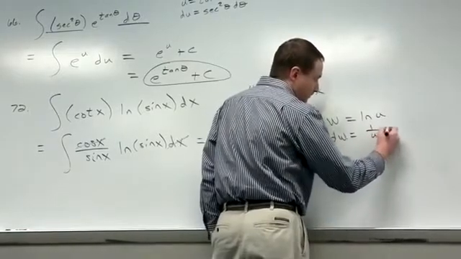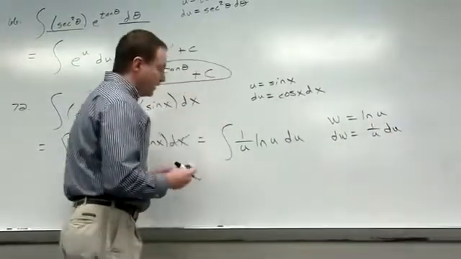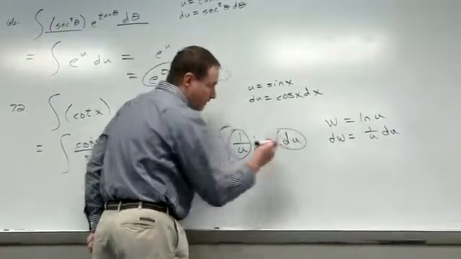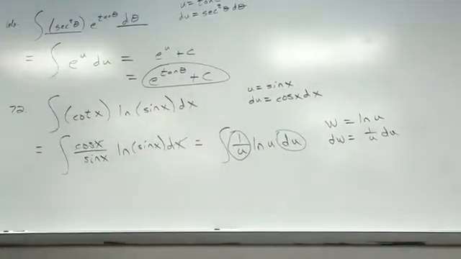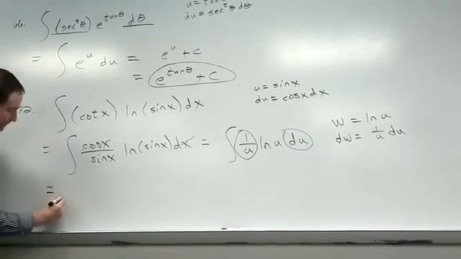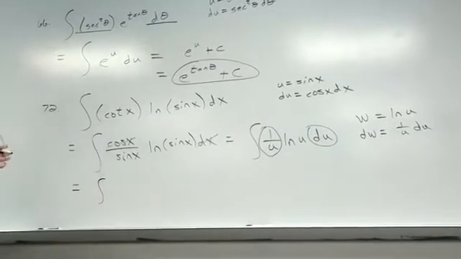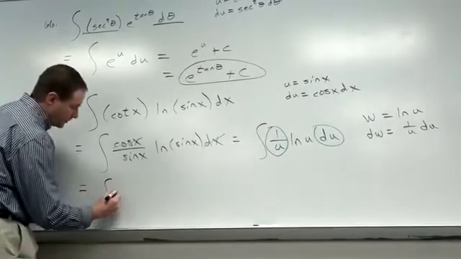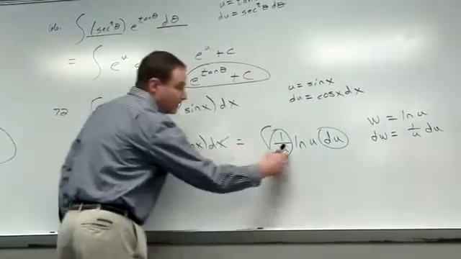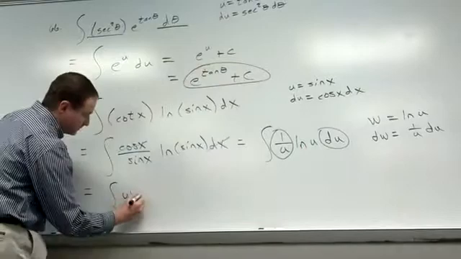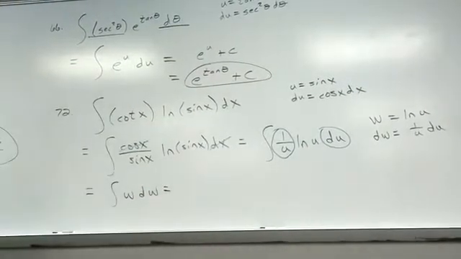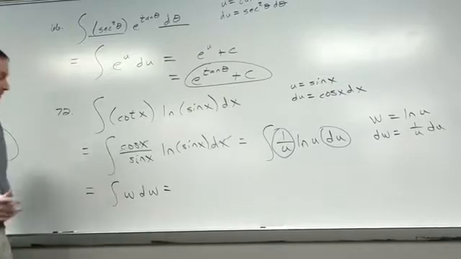So now I know all of this becomes dw, and I'll have the integral of natural log of u is w, so I have the integral of w dw, which now we can finally integrate pretty easily and say that this is w squared over 2 plus c.